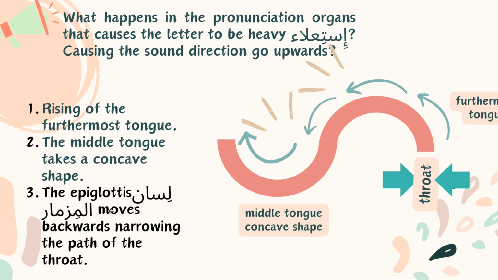And also the epiglottis, lisan al-mizmar, which is here in this area. Remember when we were talking about the ayn? Okay, so it's somewhere here. Lisan al-mizmar, the epiglottis, moves backwards and it narrows the path of the throat. Why does it narrow the path of the throat?